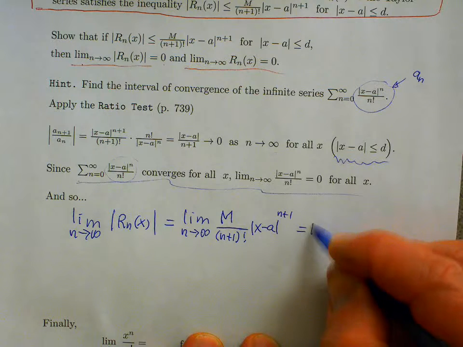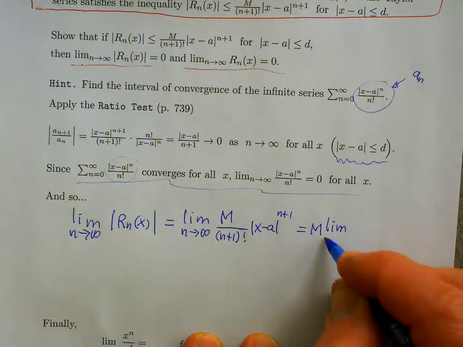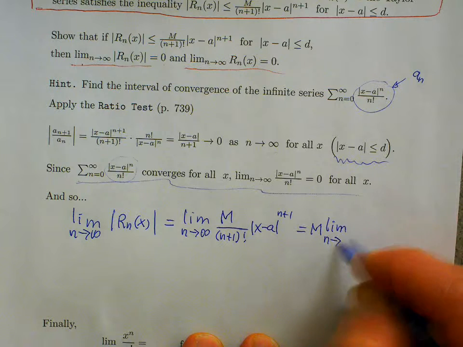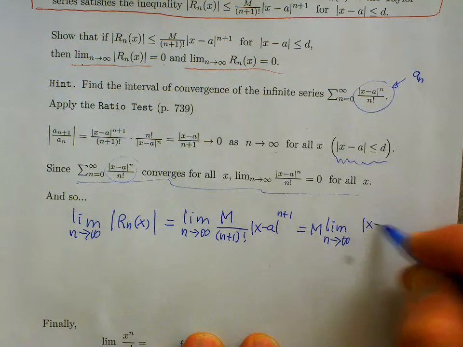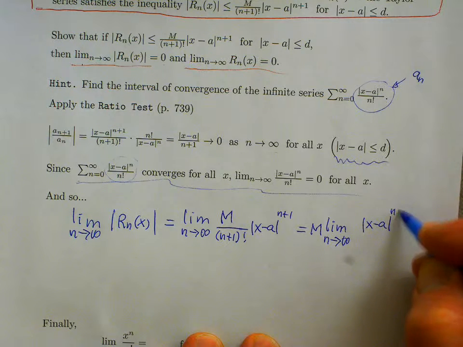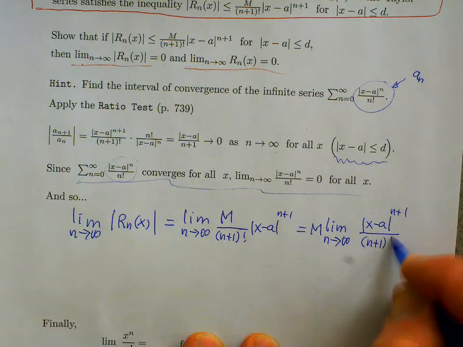So this is just M times the limit as n approaches infinity of the absolute value of x minus a to the n plus 1 over n plus 1 factorial.